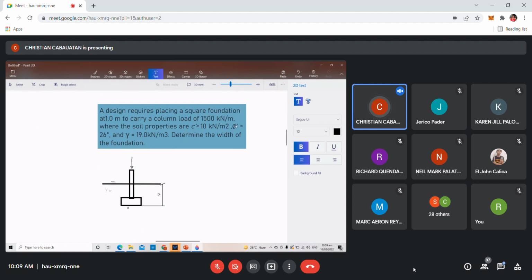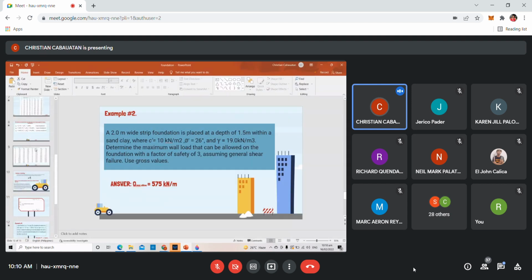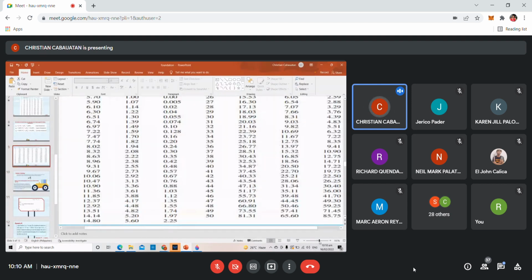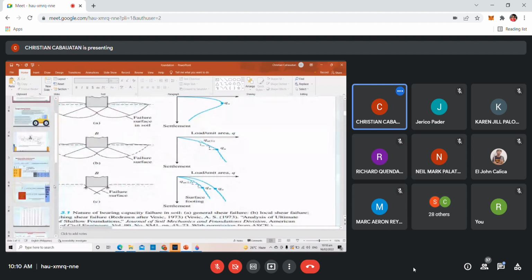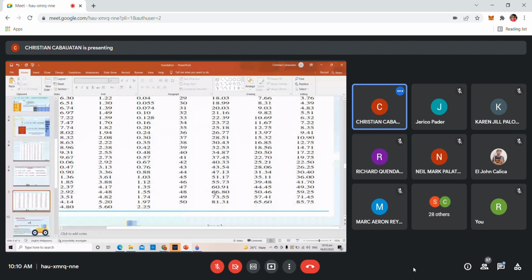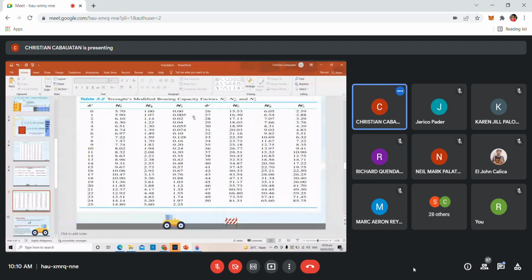Ang internal friction or the friction angle is 26 degrees. Try nating hanapin sa table. 26 degrees. So, ito na si 26 degrees. Sa taas yun. Ay, mali. Ayun. Kita nyo? Sa taas, itong cursor ko, 26 sa taas, sa upper right side.